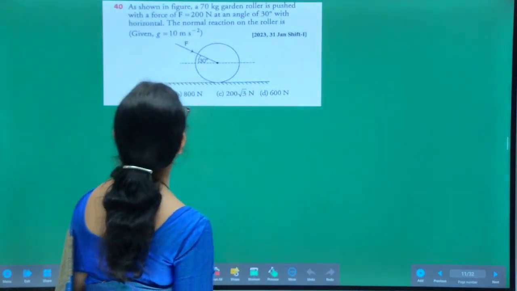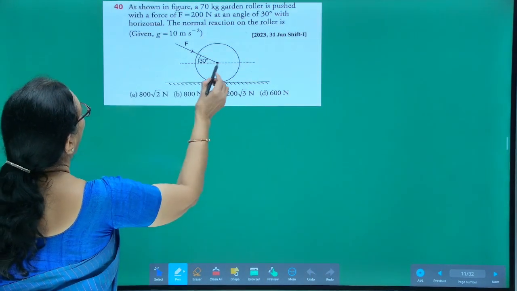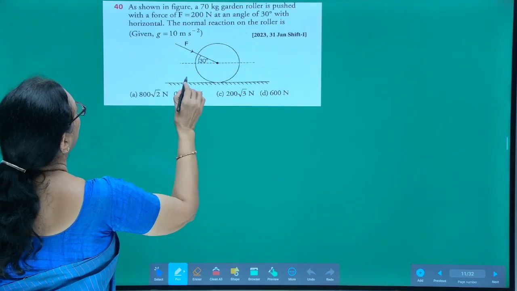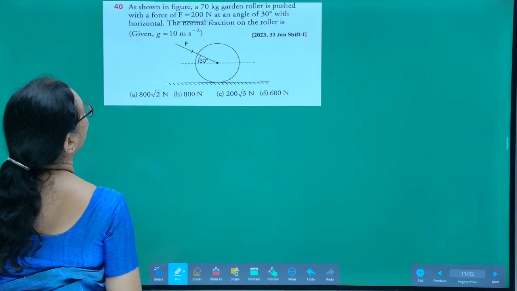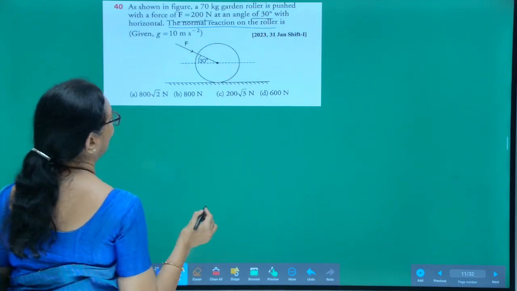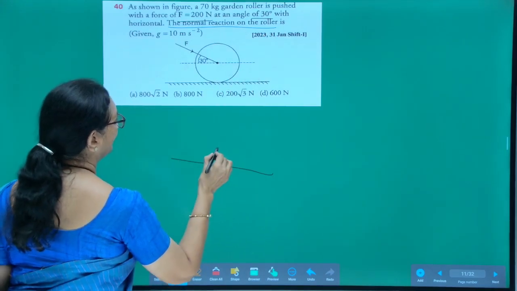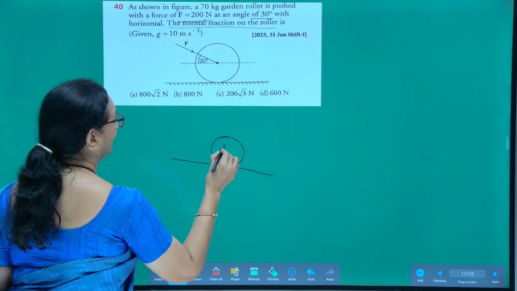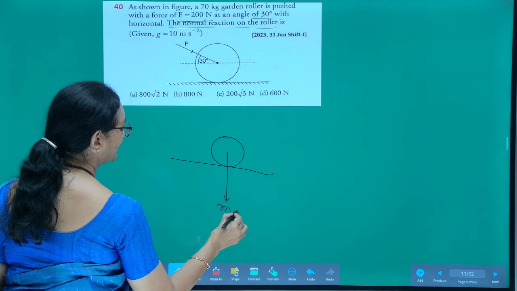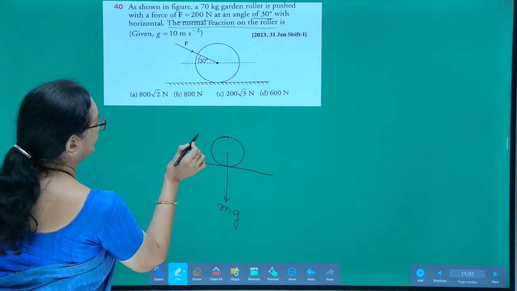Now, go to this problem. As shown in the figure, a 70 kg garden roller is pushed with a force of 200 Newton at an angle 30 degrees. Find the normal reaction. Look here, this is the roller, its weight mg will be acting in this direction.